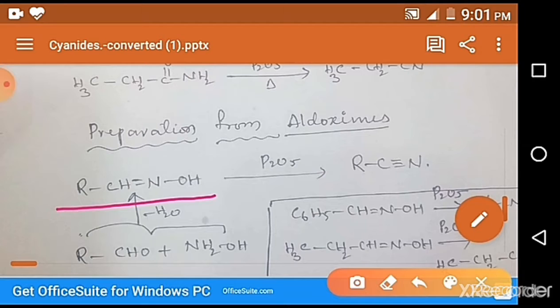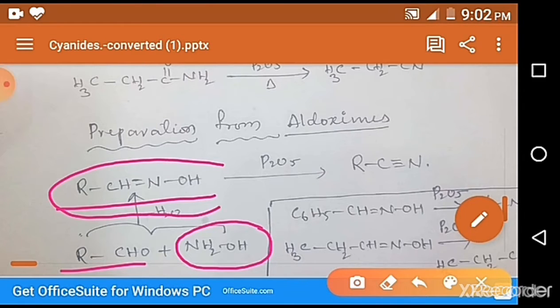Why? Acetaldehyde on reaction with hydroxylamine undergoes an addition-elimination reaction. First it undergoes addition, followed by elimination of water. That's why it is called a condensation reaction. So by eliminating water, we get the corresponding oxime.